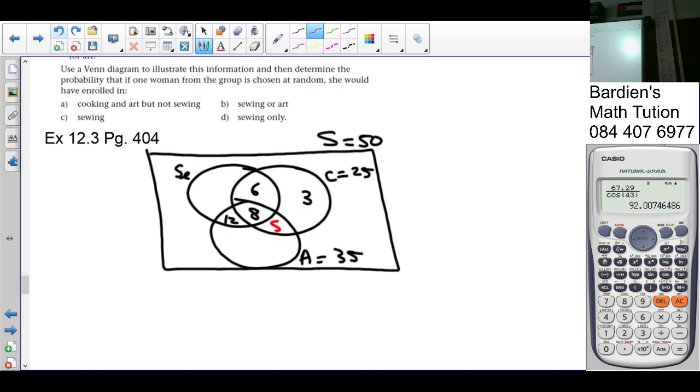So what does that give us? 8. Is that correct? Yes, correct. Art only? 35 minus 8 minus 8 minus 12 is 28. 35 minus 28 is 7.